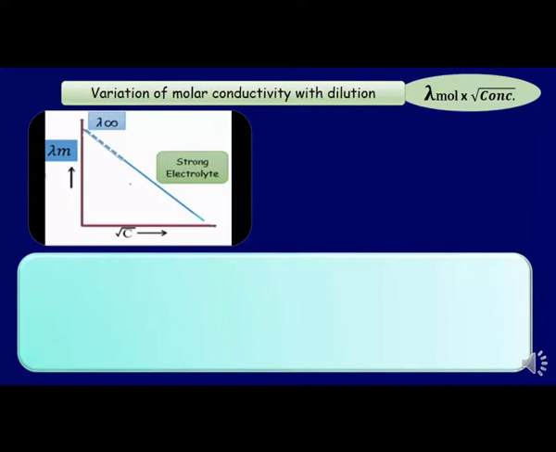If you extend the straight line, which is also known as extrapolation, you will get the molar conductivity at zero concentration. That is known as lambda infinity. That is molar conductivity at infinite dilution.